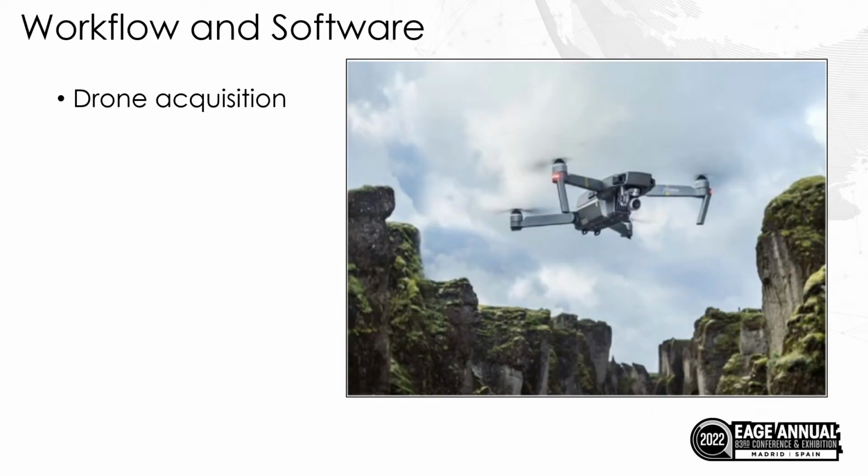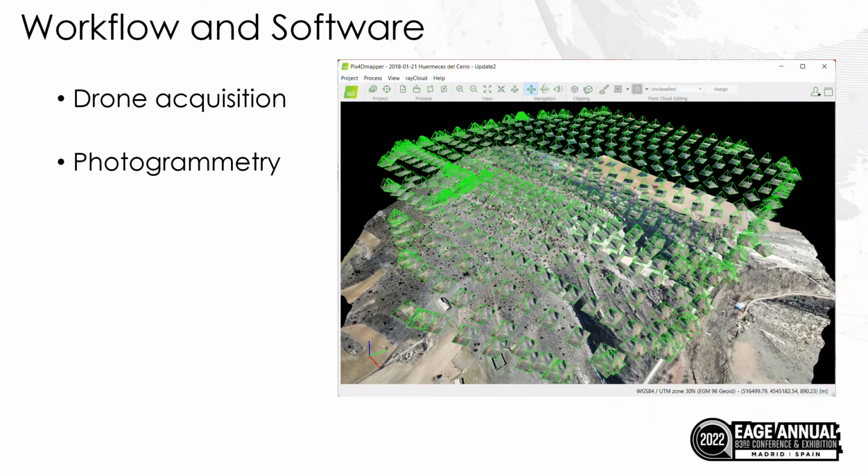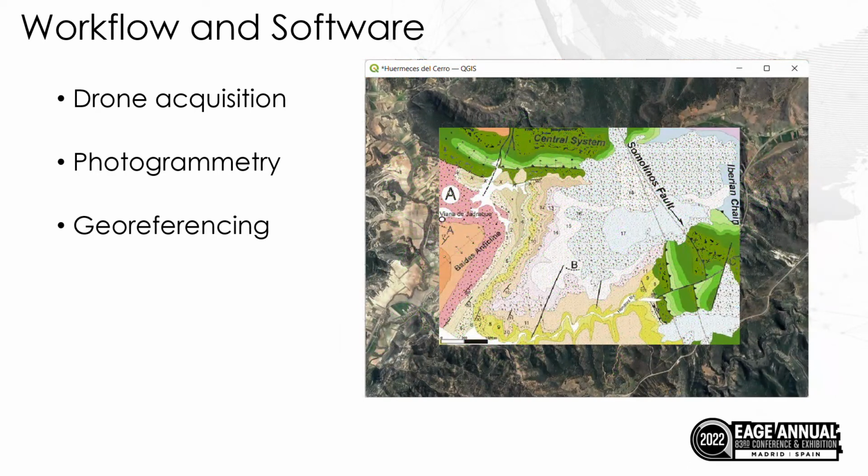And so I made a list of the various steps that I use to generate that kind of output. So I start with flying a drone and acquiring images. Then I process the images with photogrammetry software. Then I include additional graphic information in the form of geological maps and sections, and I georeference them with GIS software.